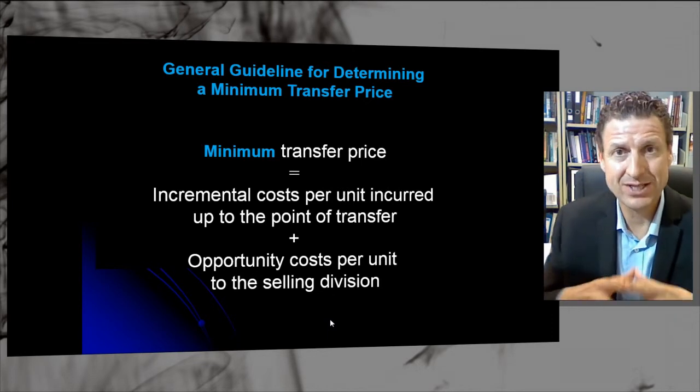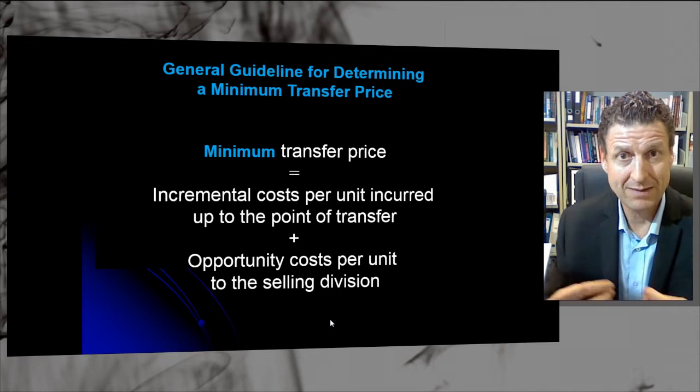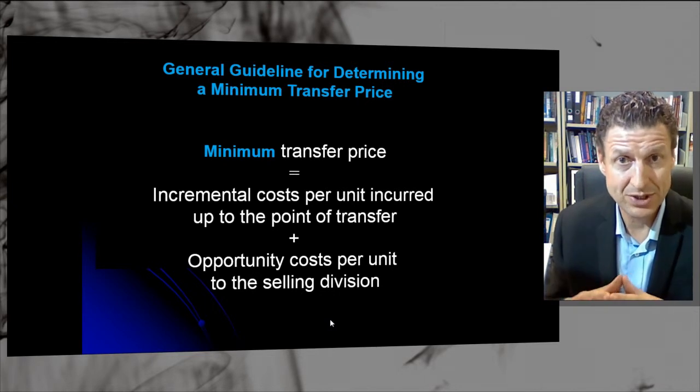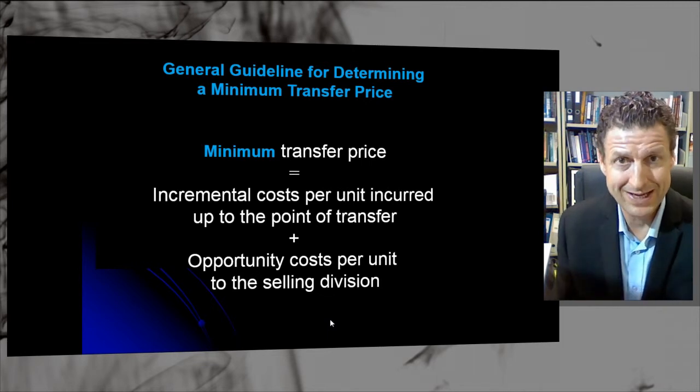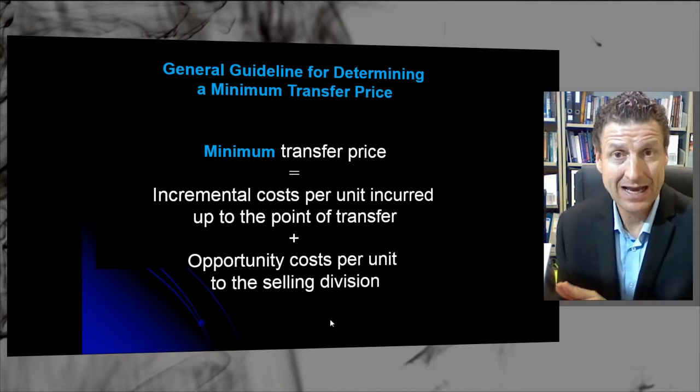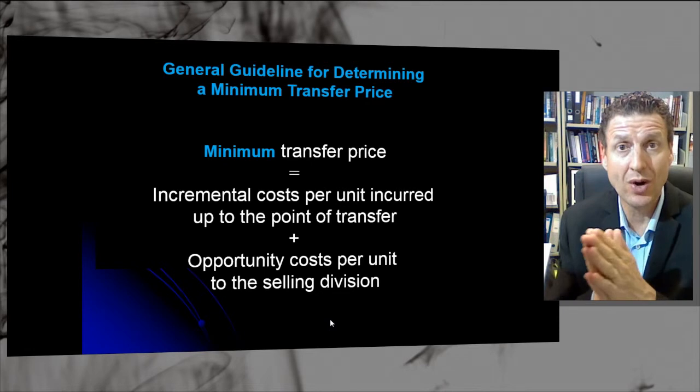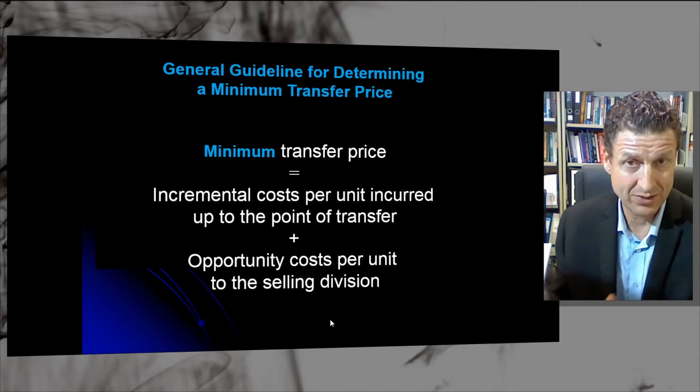Okay, so based on this definition, variable costs plus lost opportunity costs or lost contribution margin opportunity, that is really dependent on whether the transferring division has excess capacity, or is giving up external sales capacity.